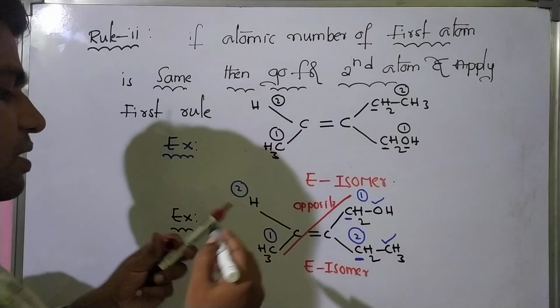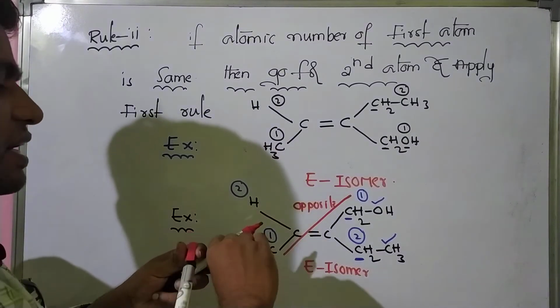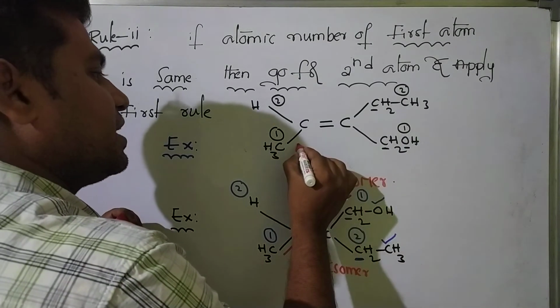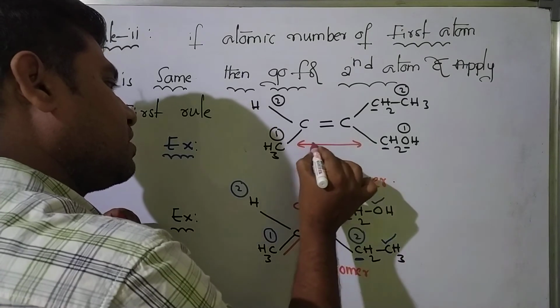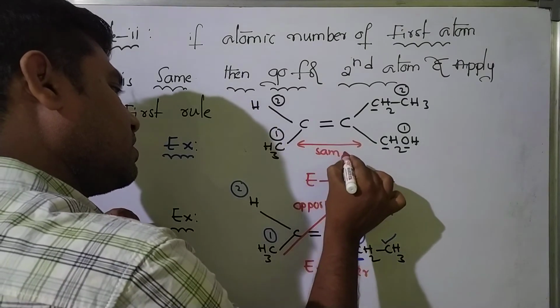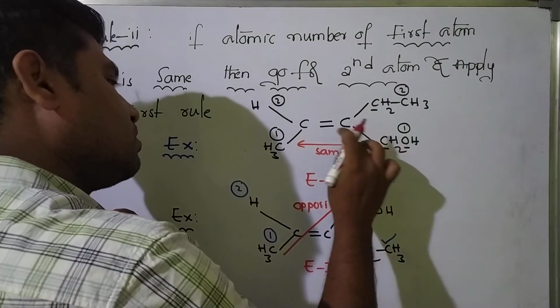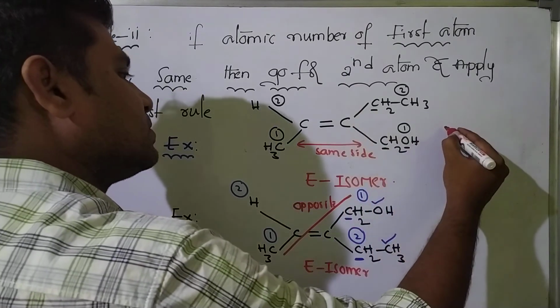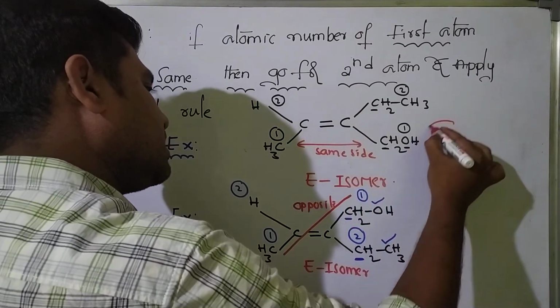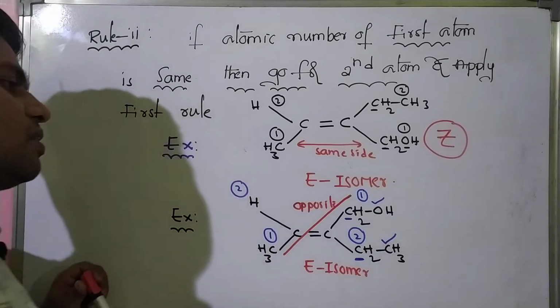So here first priority atoms are on the same side. So definitely this is a Z isomer.